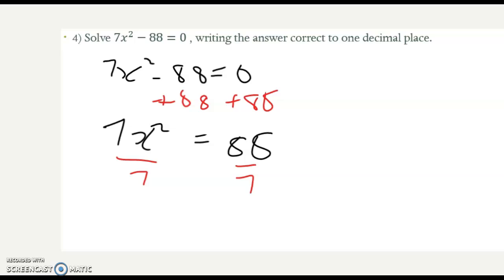Now here's where you're going to be using your calculator. We get x squared on the left and 12 and 4/7.